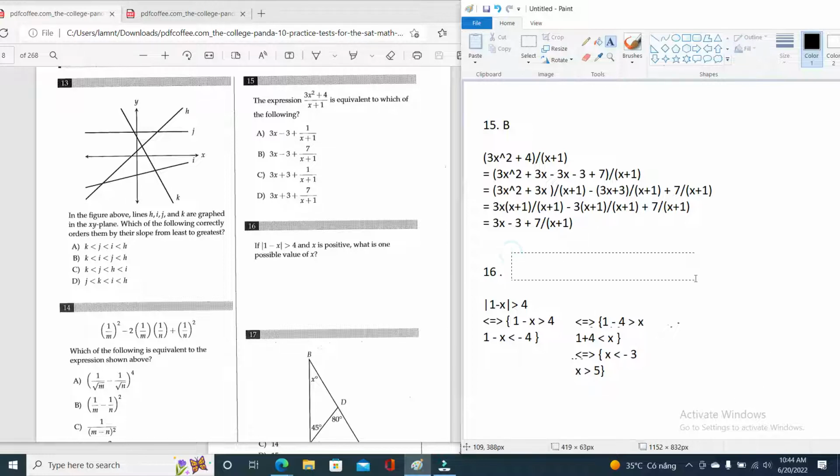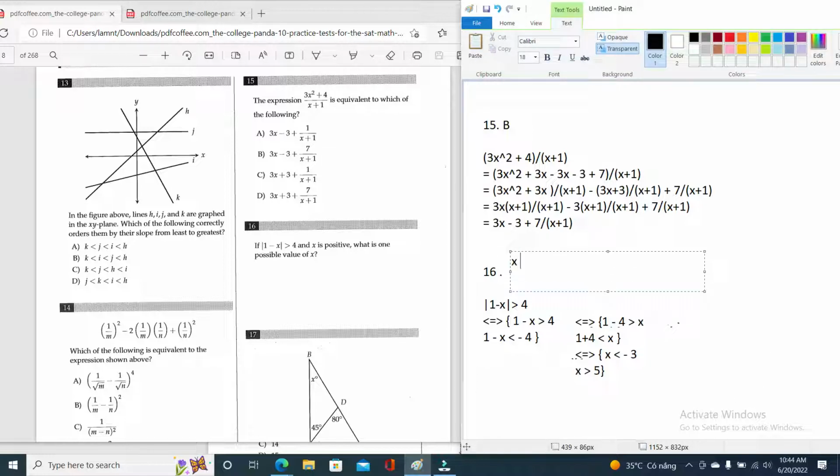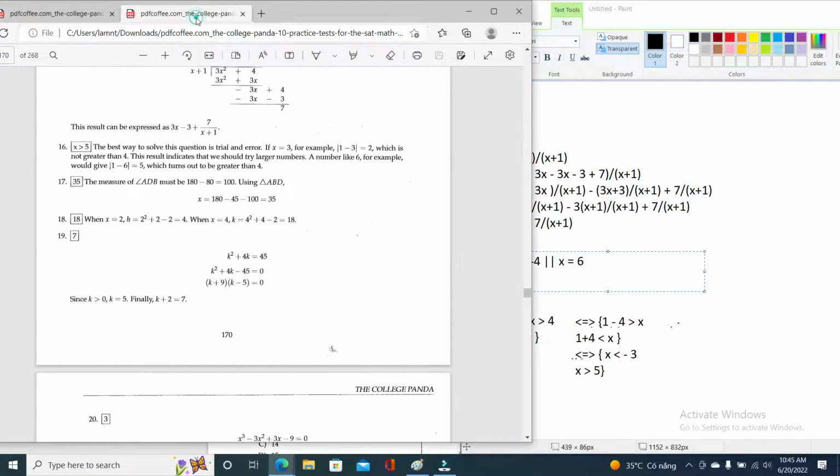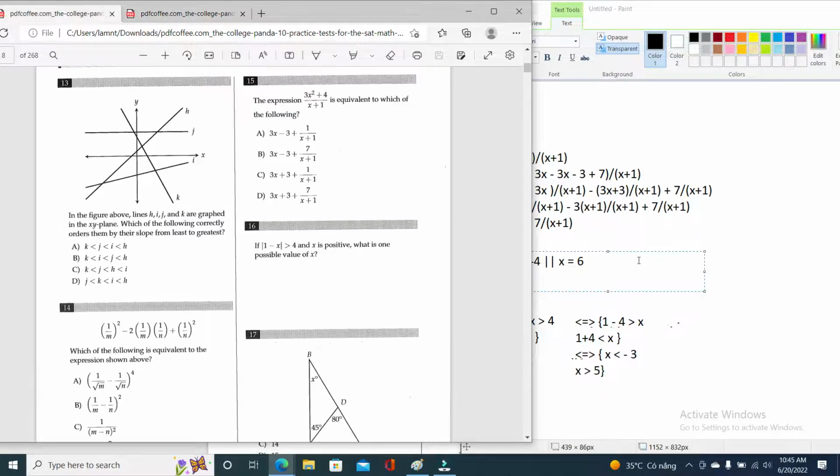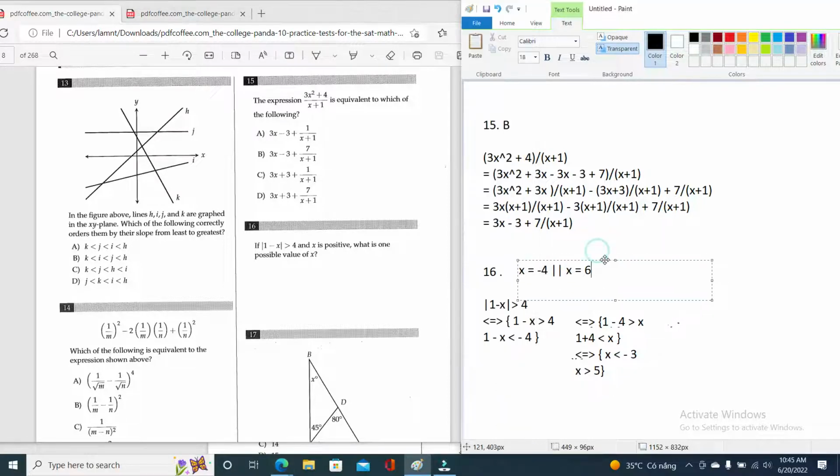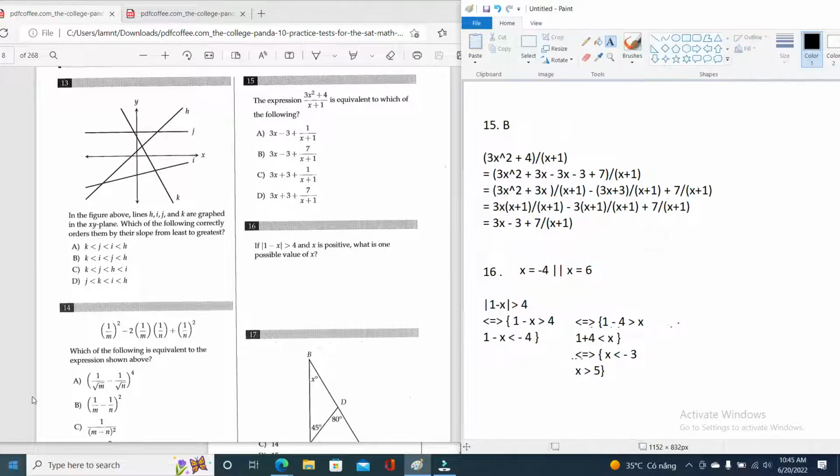So we can plug in x equal to -4 or x equal to 6. 6 is valid, and -4 is also valid. So yeah. All right.